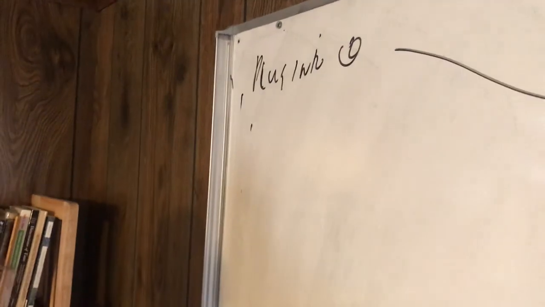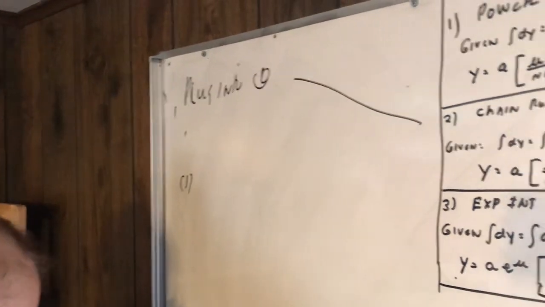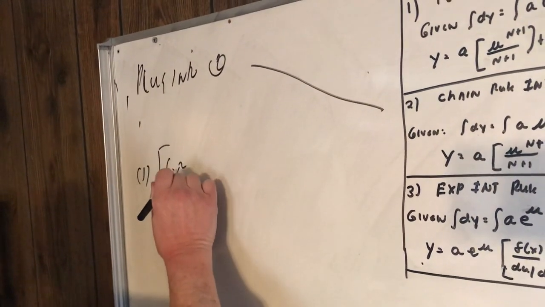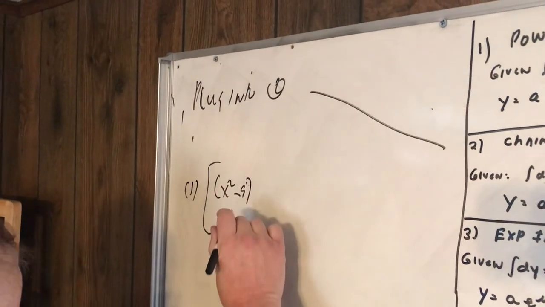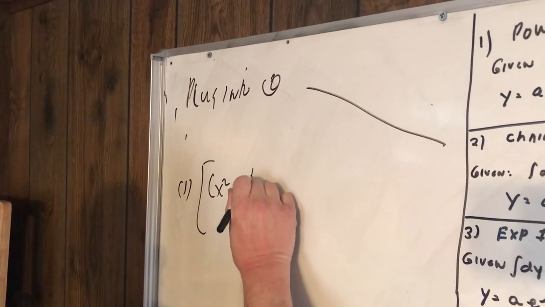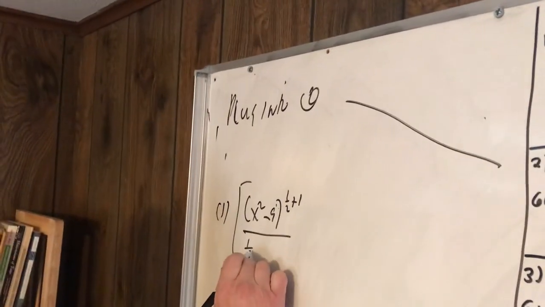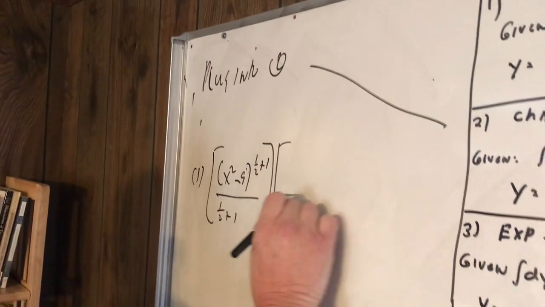So a is 1. u is x squared minus 9, and that is at the 1/2 power. And this tells me to add 1, and then do the same thing in the denominator. And f of x is 1.